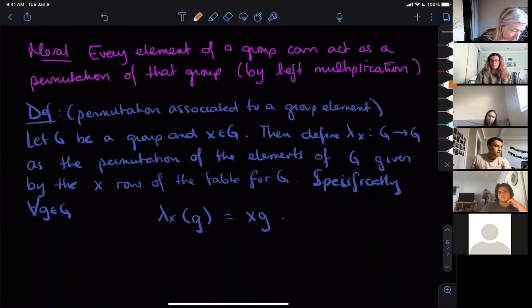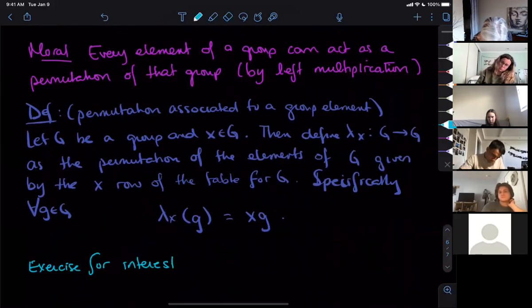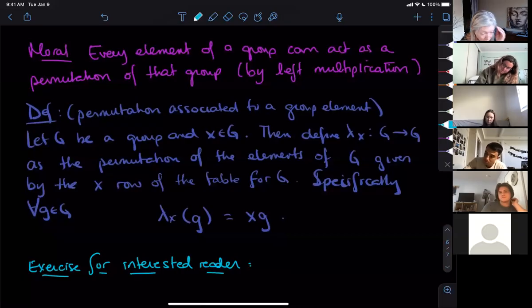All right. So here's an exercise for the interested reader. Which is all of you. I hope it's all of you. Show that this is one-to-one and onto. So it actually is a permutation. We've just defined it, but you need to show that it's one-to-one and onto.